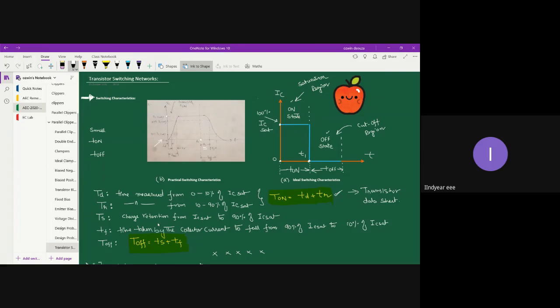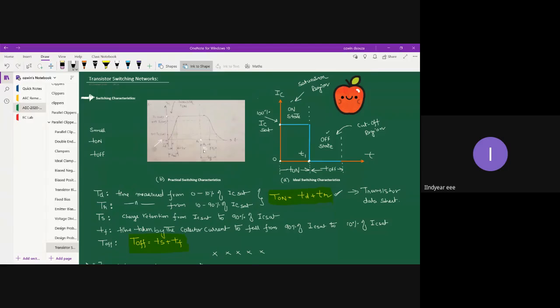The storage time TS refers to the retention time, in which the minority charge carriers move back to their respective majority charge carrier state. That means electrons in the p layer try to go back to the majority state, which is the n layer.